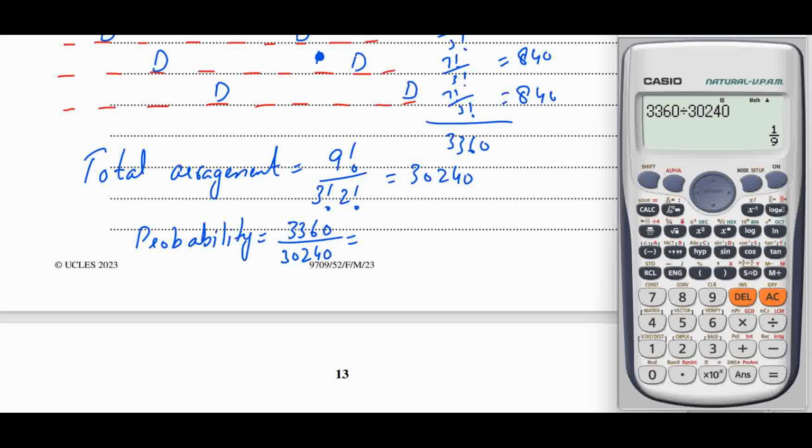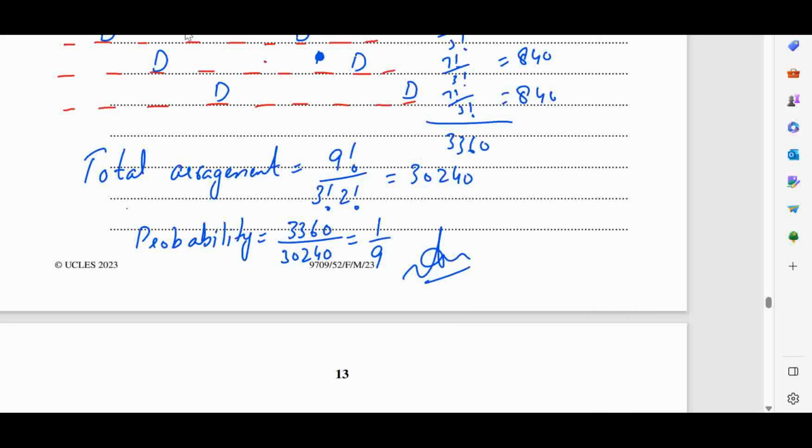This will be equal to 1 by 9. So 1 by 9 will be the final answer. Let's move to the next one.